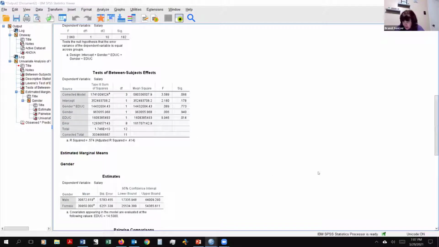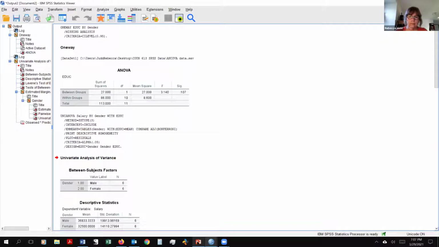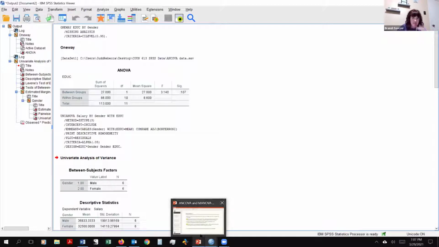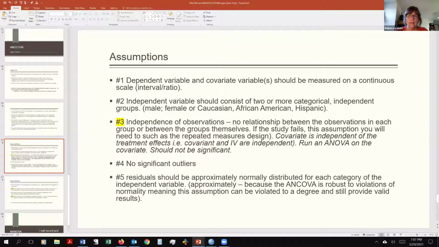I had a quick question on the assumptions. The independence of observations, that was that matrix type graph that showed random plots, right? That's linearity. Independence of observations goes back to when we ran the ANOVA on the covariate.